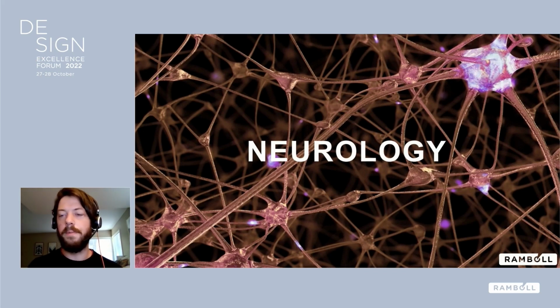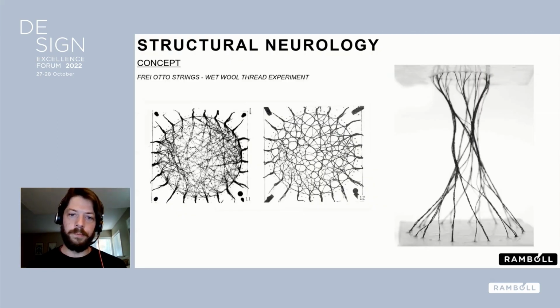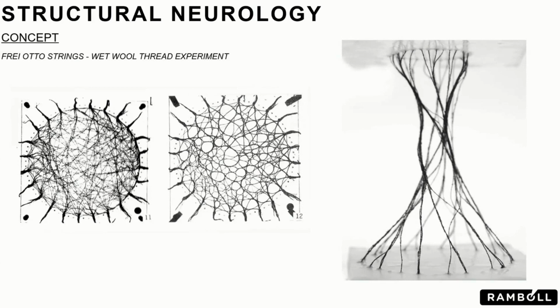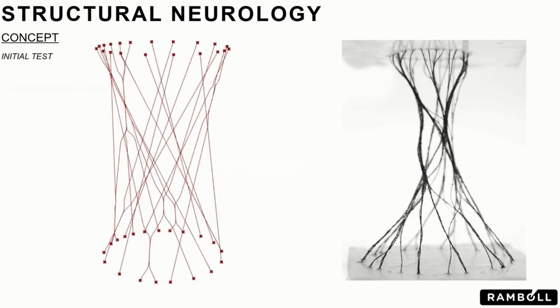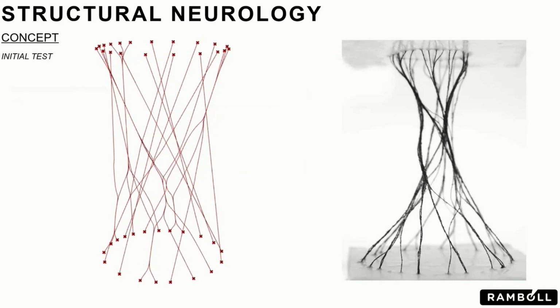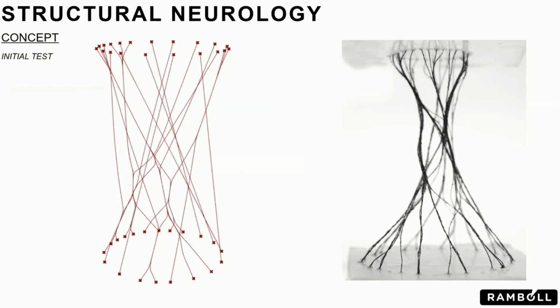So effectively to minimize material behavior. We took inspiration from Frei Otto, who carried out these wet wall thread experiments some time ago, and we tried to recreate the spirit and certainly the results using computational design tactics.